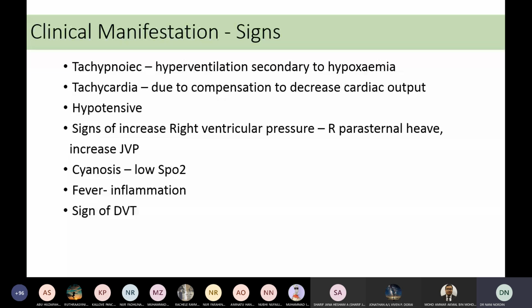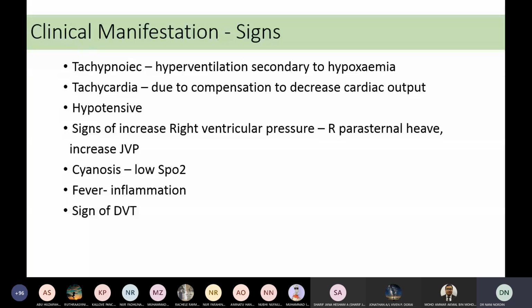The moment they have low BP, you have to be very cautious, because we're talking about the hemodynamic consequences. It might be a large infarct already, or a progressive type, where the small ones become worse.